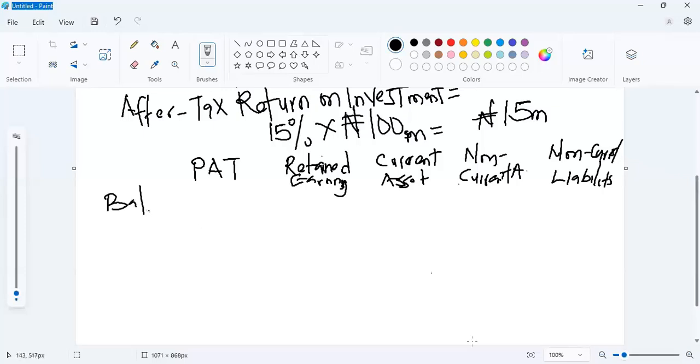The balance we have before this proposal: this is 130 million, this is 615 million, this is 330 million, this is given to us as 1410, and we have this to be 700 million.